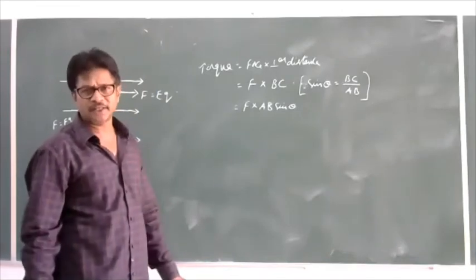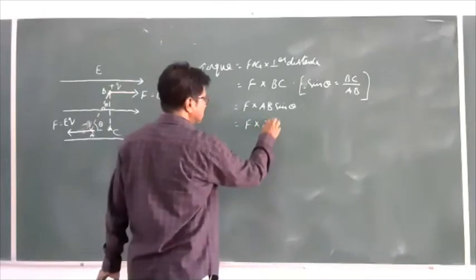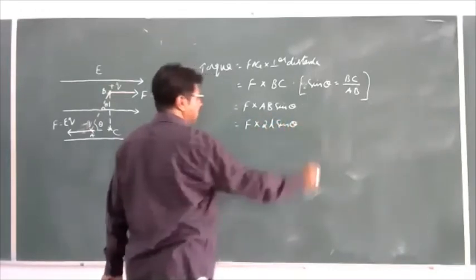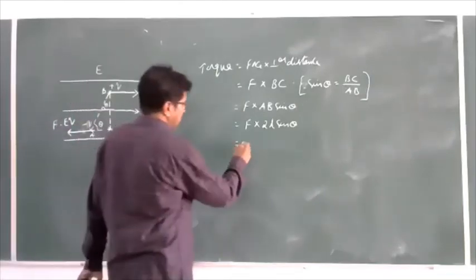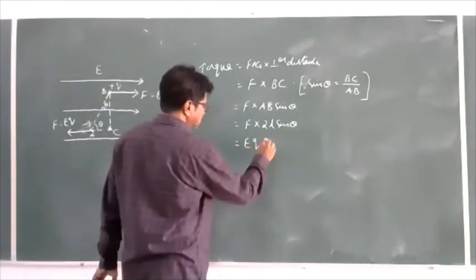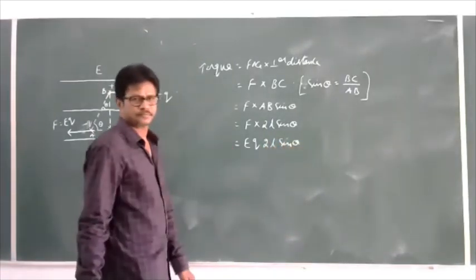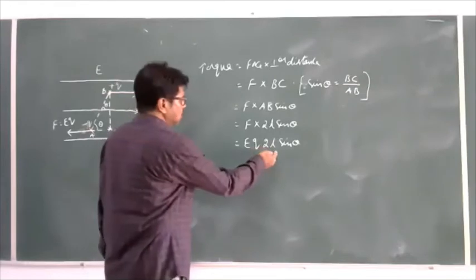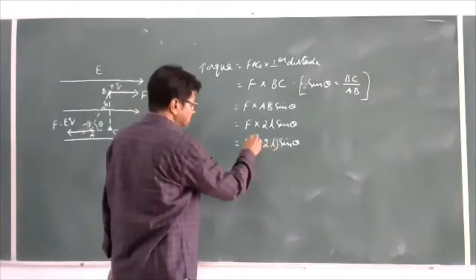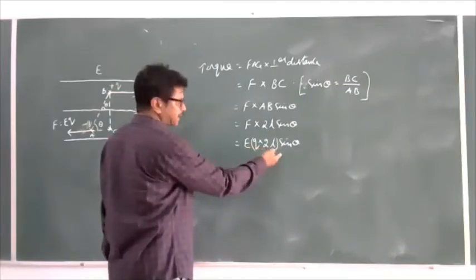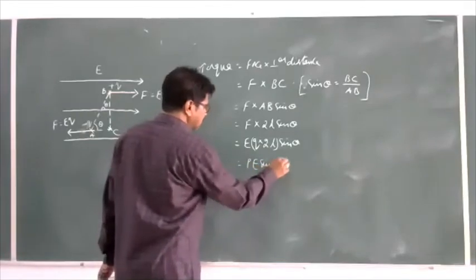AB is nothing but the length of a dipole, which is generally represented as 2L. So F into 2L sine theta. As we know, F is equal to EQ, so EQ into 2L sine theta. Q into 2L will give the dipole moment, which is equal to PE sine theta.